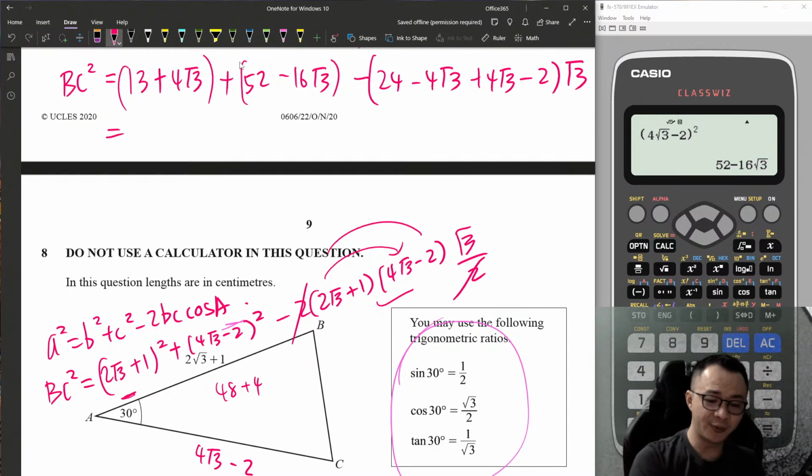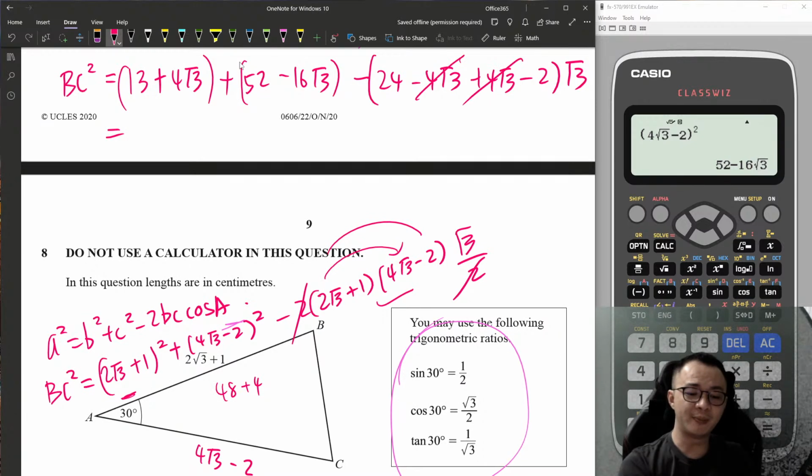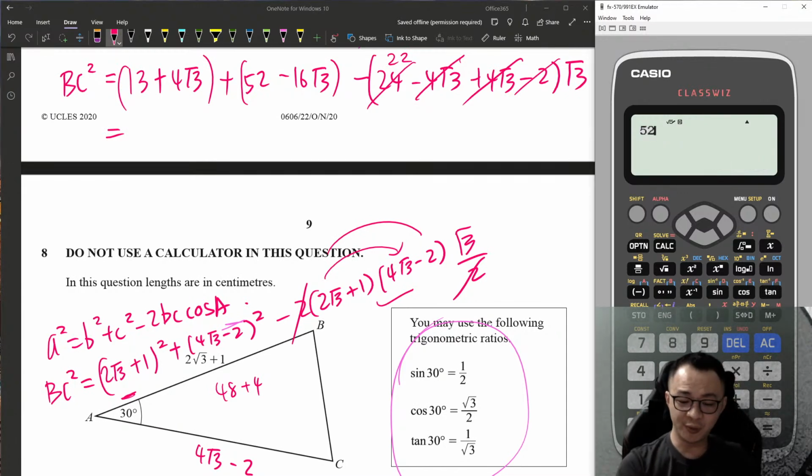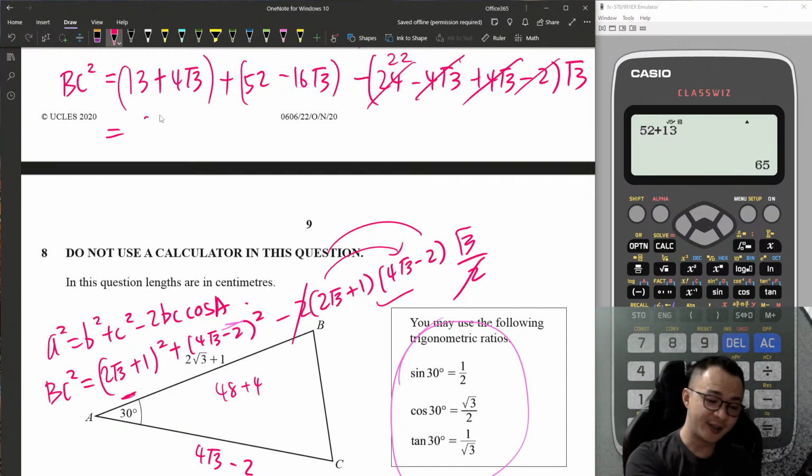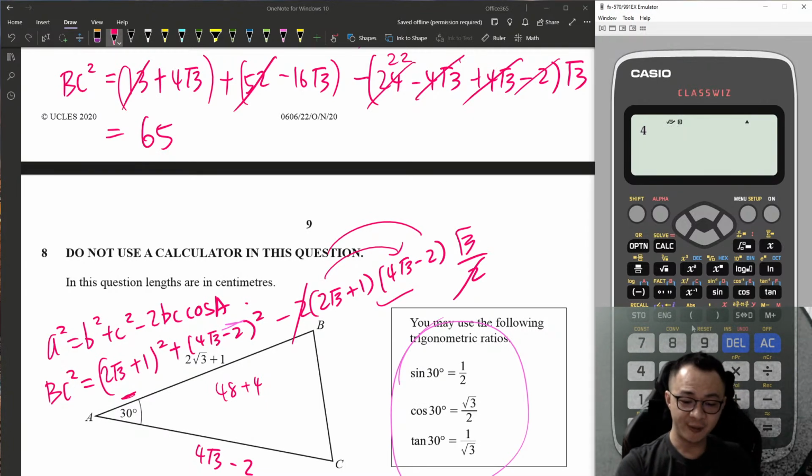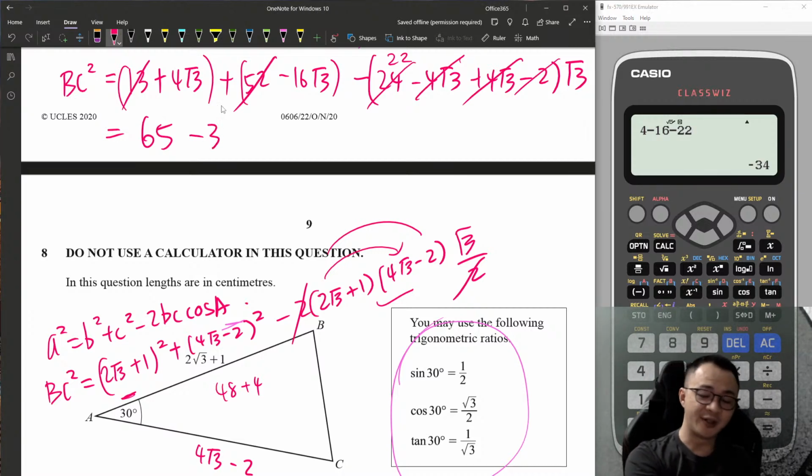Okay, so cut. This is 22 minus 22 sub 3. Okay, so 52 plus 13 is 65. Done. 4 sub 3 minus 16 sub 3, and then minus 22 sub 3. Okay, negative 34 sub 3. Done.